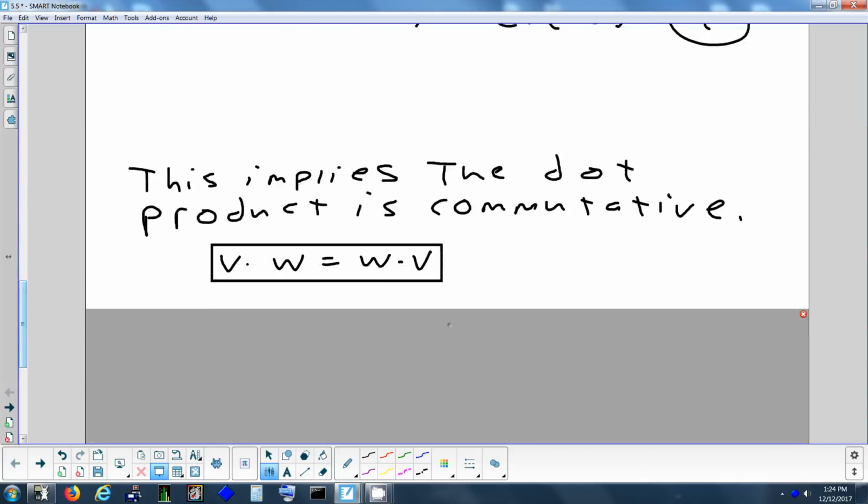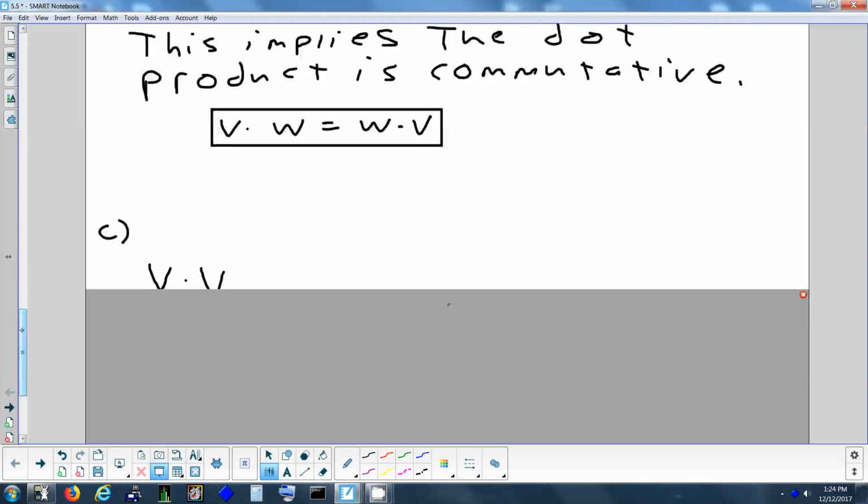When we get into cross product, it's not. That'll probably be one of the first times you've done multiplication where, when you switch the order, you don't get the same answer. So dot product is commutative. That's the point. Any question on that?